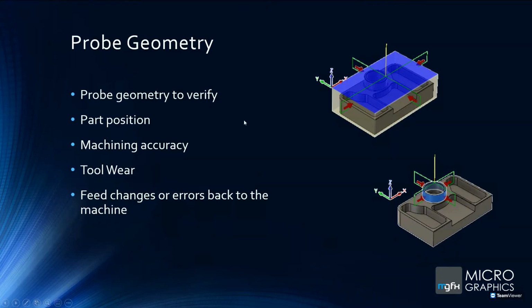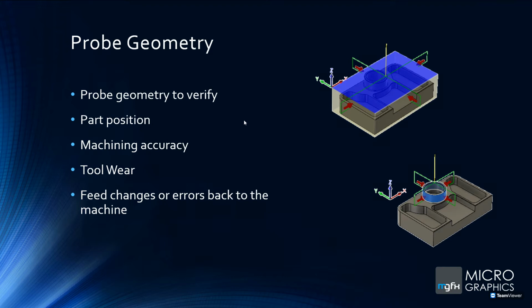And moving on, we will look at probe geometry. So with probe geometry, this allows you, if your machine is capable of it, to probe the part position. A lot of your modern machines are able to probe and feed back their position to a report and output a report.